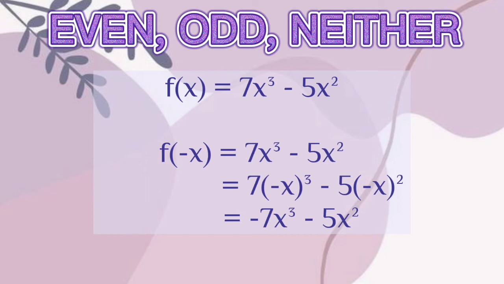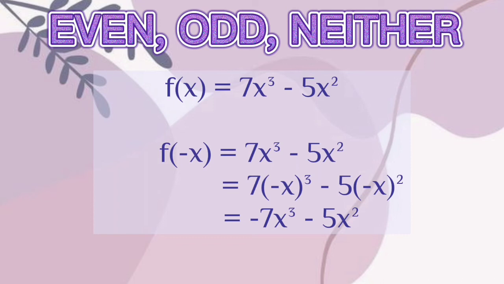Let's plug in the negative x. For the first term, 7x cubed, we'll have 7 times negative x cubed. And the second term, negative 5x squared, we will have negative 5 times negative x squared.